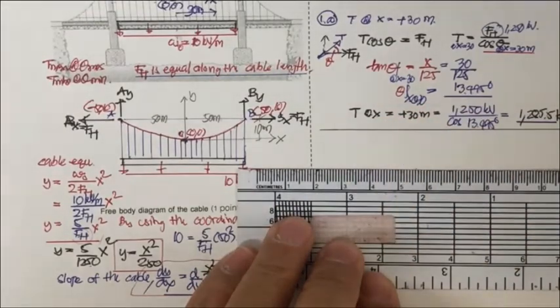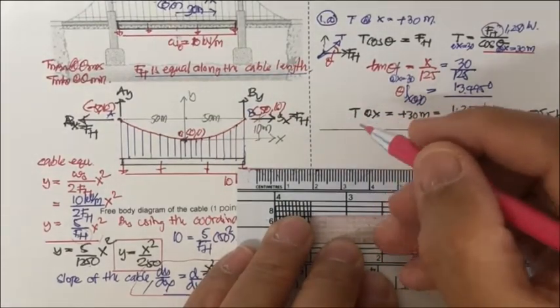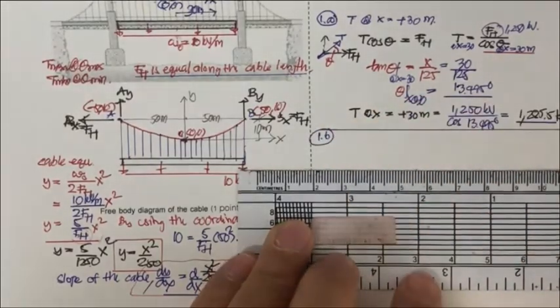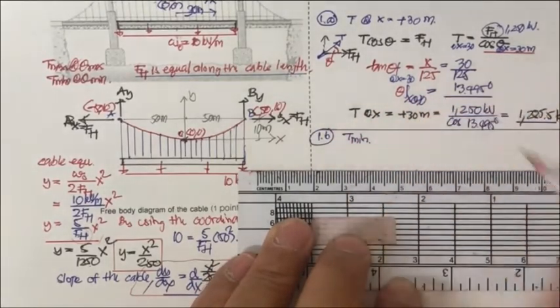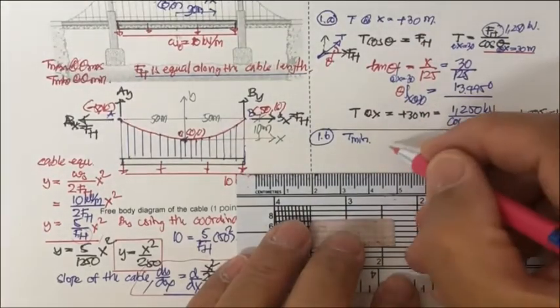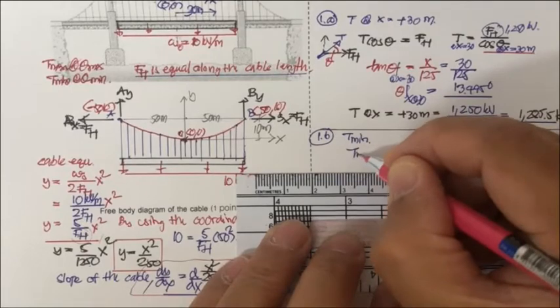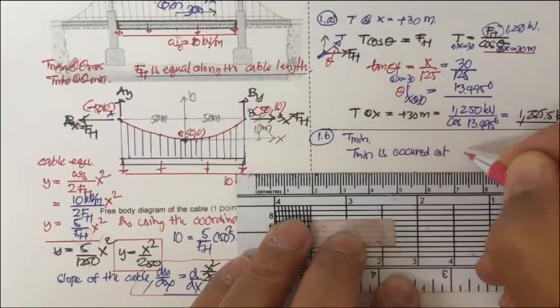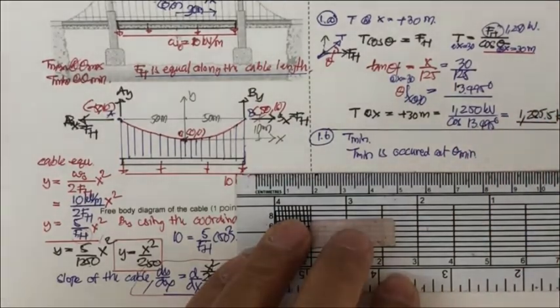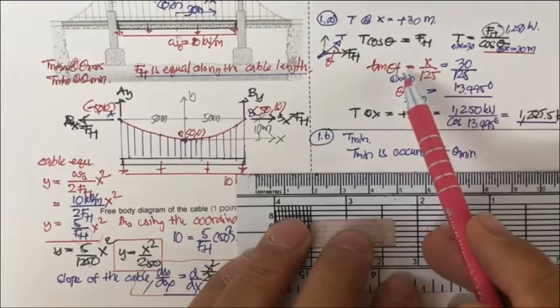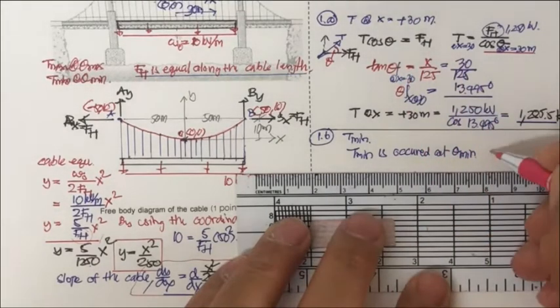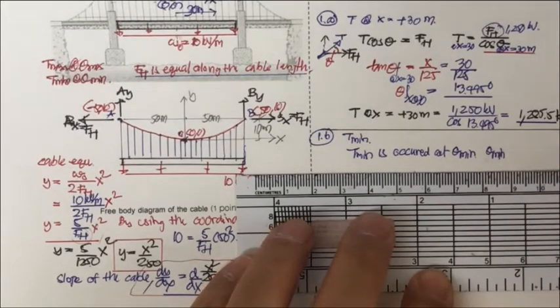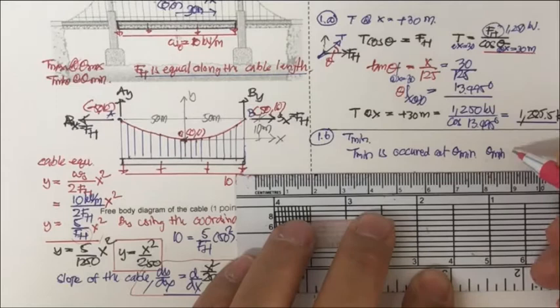Next, 1.b. In 1.b you are required to find the minimum T. Okay, you find the T min, and T min occurs at theta min. From the equation you may see theta min will occur when x equal to 0.